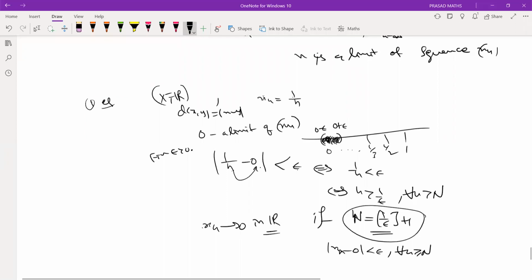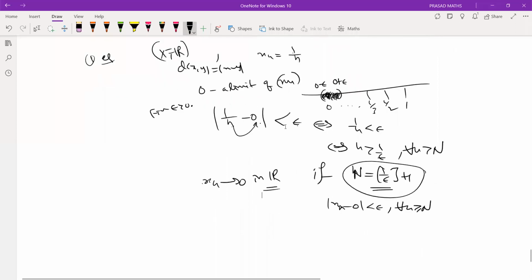Is it clear? Sir, if we take capital N as 1 by epsilon, is there a problem? 1 by epsilon may not be an integer, so we use the step function. Suppose epsilon is 0.1. Here n is a natural number, an integer.